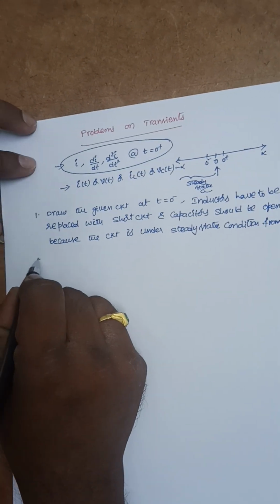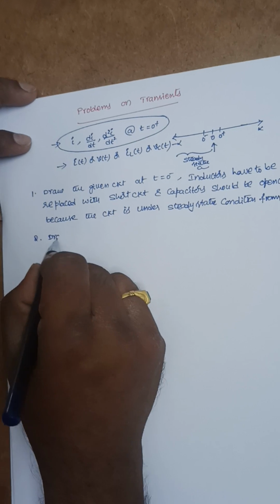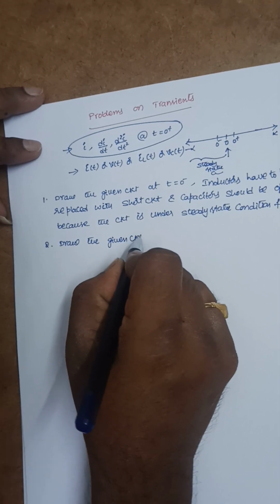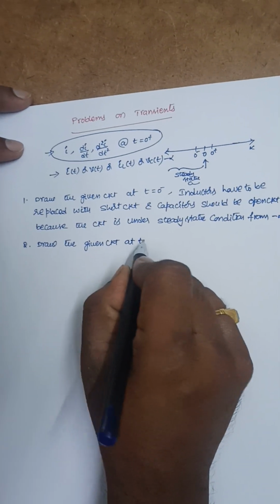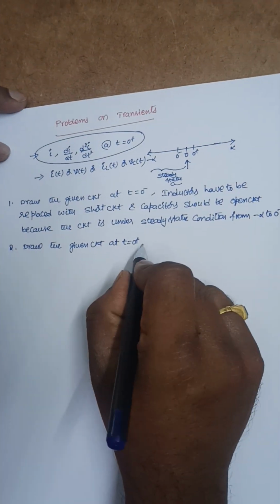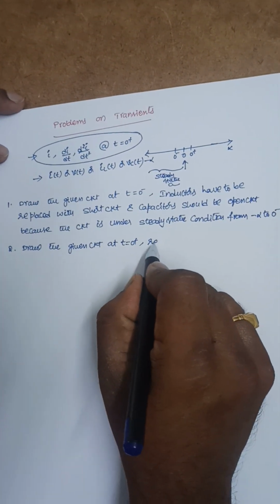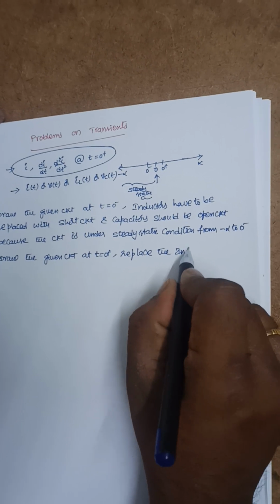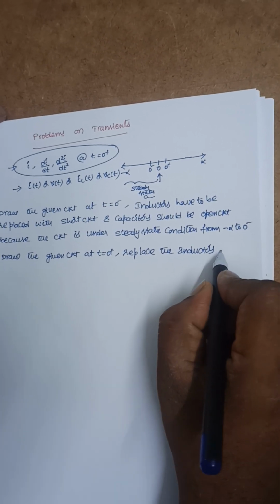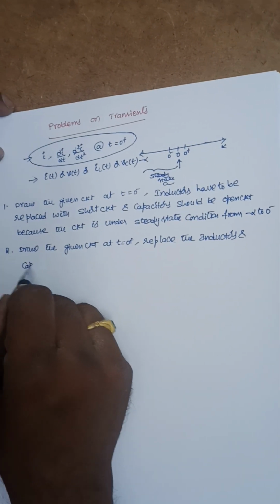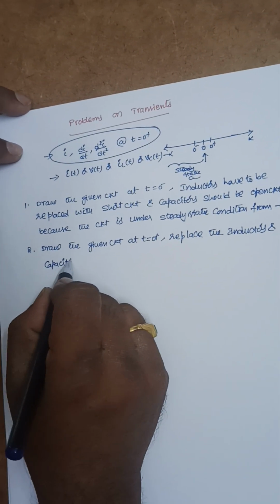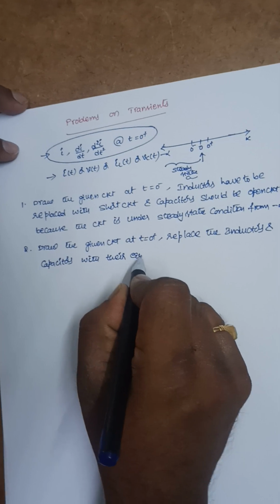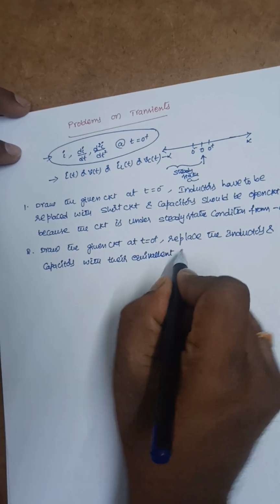The second thing here is we need to draw the given circuit at t is equal to 0 plus, and replace the inductors and capacitors with their equivalent circuits.